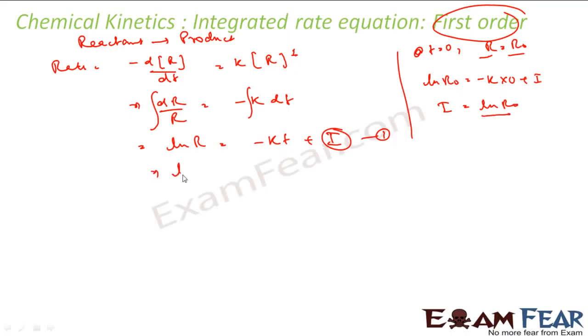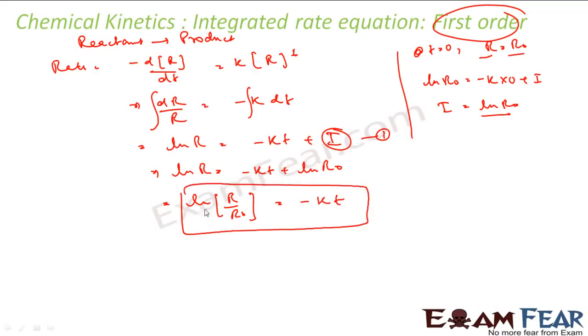Let's put the value. ln R is equal to minus kt plus ln R naught. Correct? Or I can say that ln R by R naught is equal to minus kt.